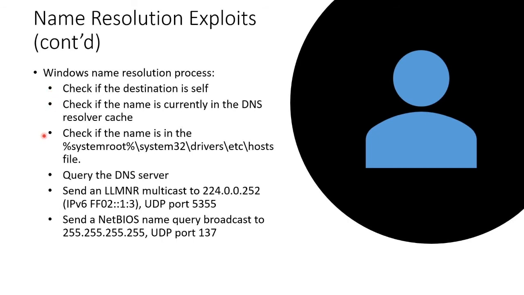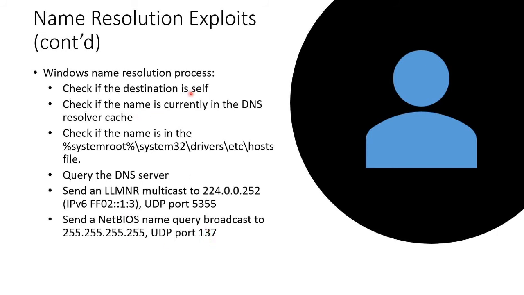And then it'll check to see if it is in its host file, which is basically like an old phone book, in Windows System32 drivers etc. Then it'll go query a DNS server. And if that fails, then it'll send out an LLMNR multicast on both IPv4 and IPv6, UDP port 5355. And then if absolute worst comes to worst, it will try the old NetBIOS broadcast, also to UDP port 137.